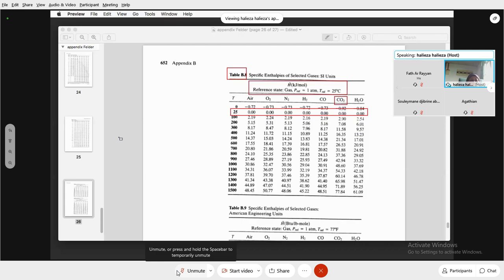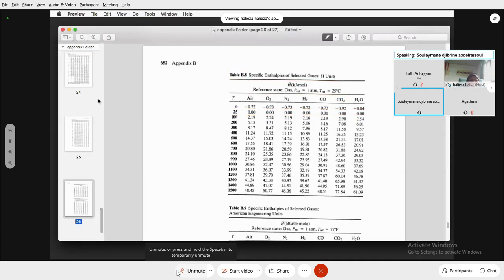Yes, I got it. But also for the thermodynamic property table, is it okay to use it? Because in the previous assignment, I was referring to some of them. You can use the data from a thermodynamics textbook, but you have to get the reference state. The steam table, you mean?